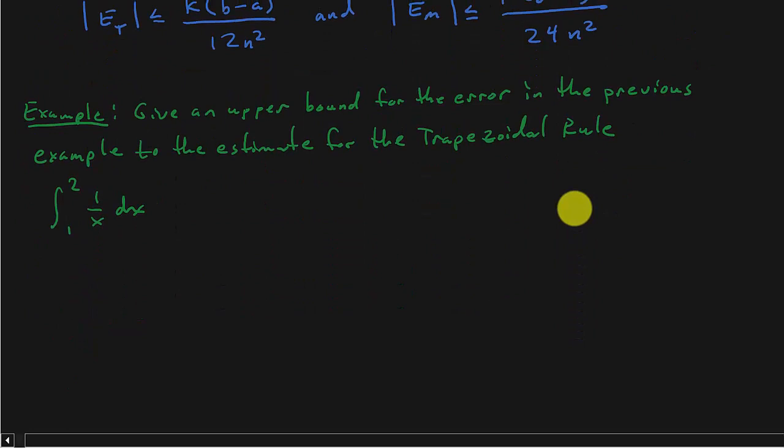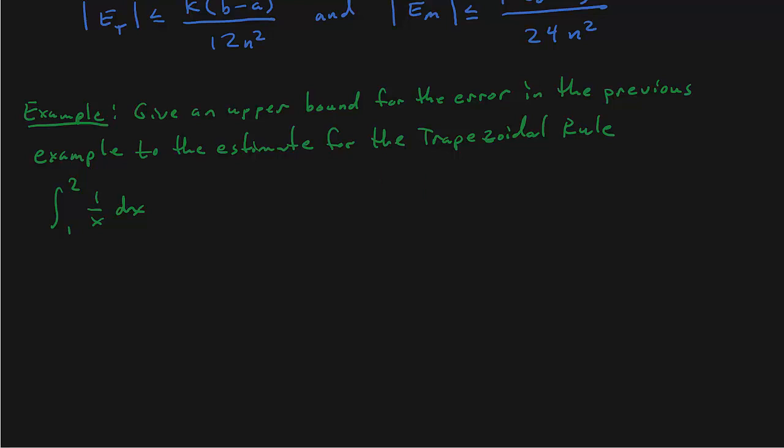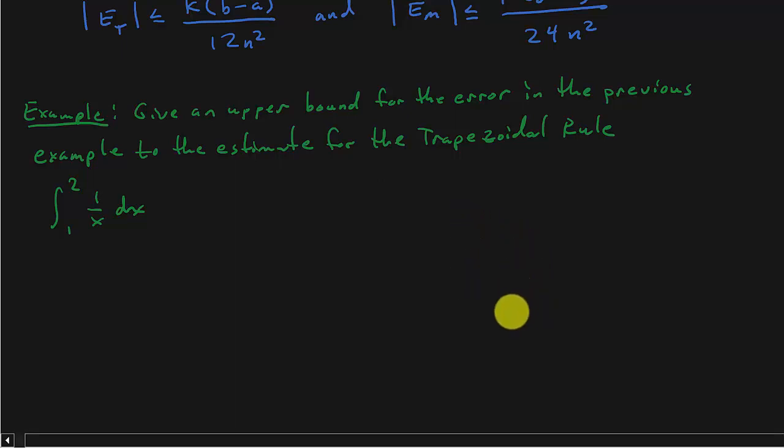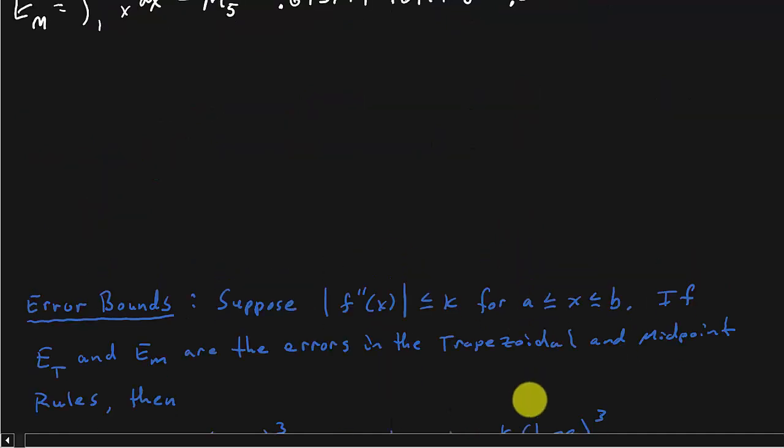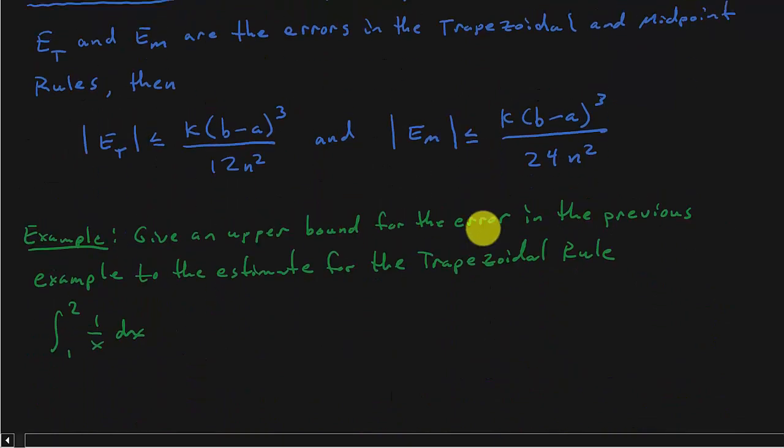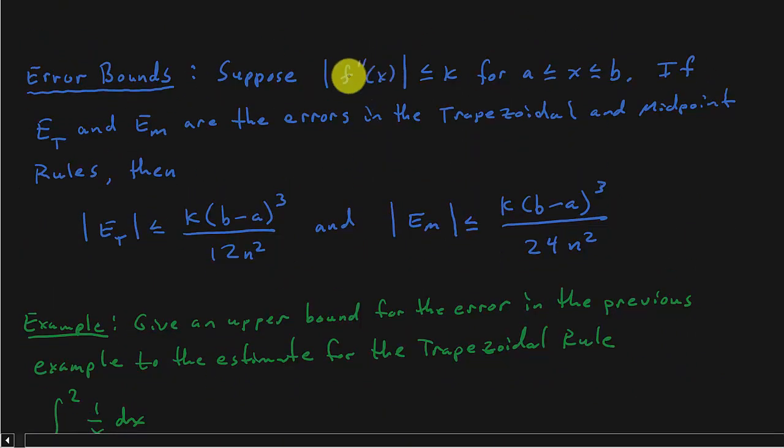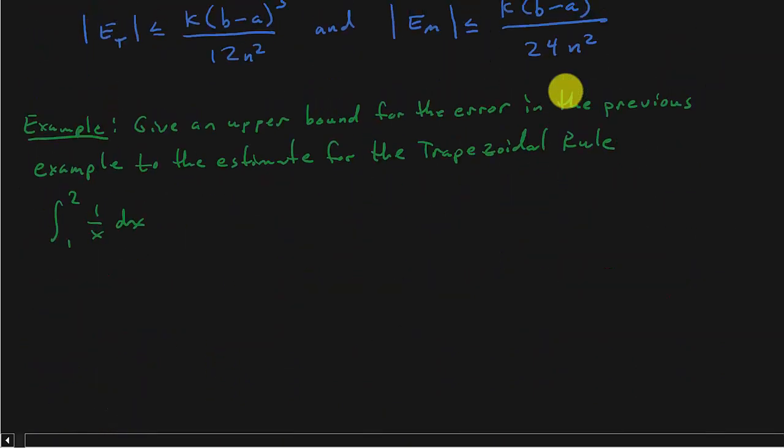It says give an upper bound for the error in the previous example to the estimate for the trapezoidal rule. So we want to find the upper bound for the error. How do we go about doing this? We need to know what the second derivative is.